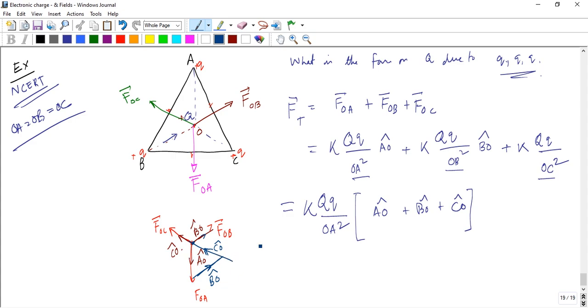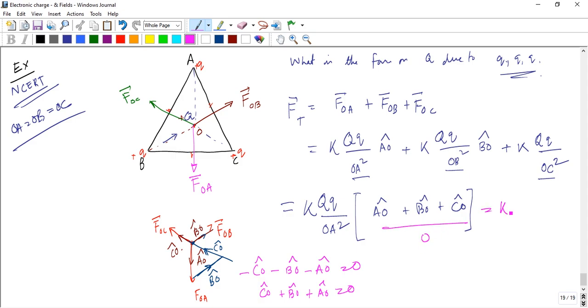Now we add them clockwise, all of these. The CO is anti-clockwise, BO is also anti-clockwise, and AO is also anti-clockwise. So finally the CO unit vector plus BO unit vector plus AO unit vector is all 0. So that's the 0.